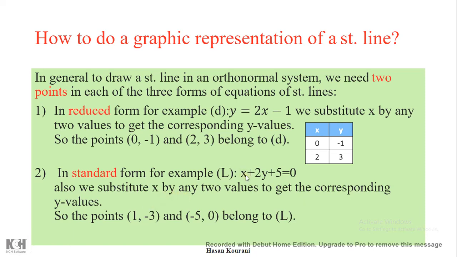By letting x be 1, we can get y: 2y equals -6, so y will be -3. And we let x be, let's say, -5. If x is -5, 2y will be 0 and y will be 0. These 2 points help to draw easily the straight line L.